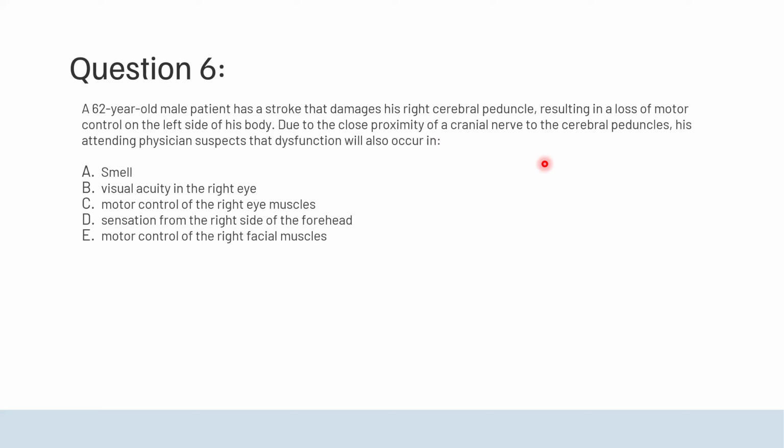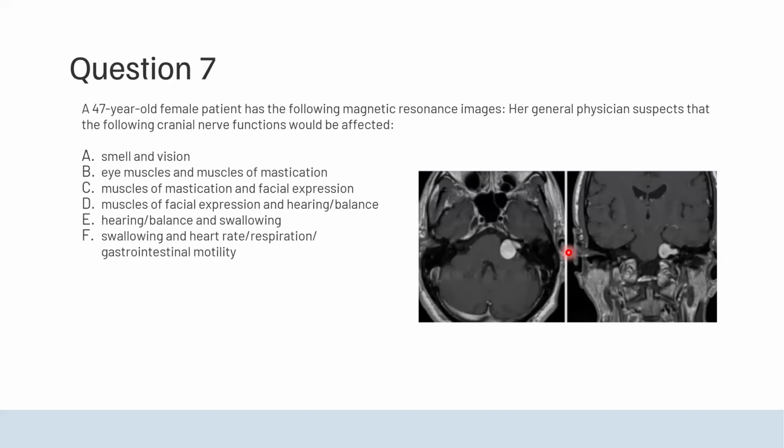And because those are the ones that are actually affected, the most closely related cranial nerve would be the oculomotor. And since we have this right cerebral peduncle is the one that is affected, the right eye muscles would be affected since it is ipsilateral when I'm talking about cranial nerves. So the motor control of the right eye muscles. Okay? Don't freak out about this. Think of it logically.